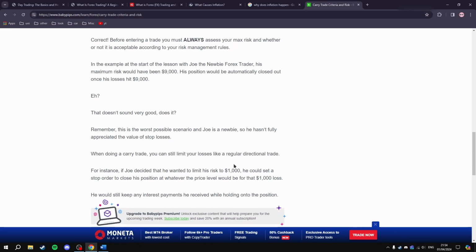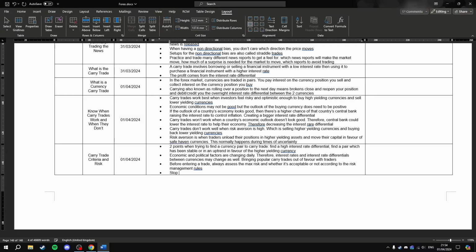When doing a carry trade, you can still limit your losses like a regular directional trade. For instance, if Joe decided that he wants to limit his risk to $1,000, he could set a stop order to close the position at whatever the price level would be for that $1,000 loss. He will still keep any interest payments he received while holding onto the position. Stop loss can still be used in a carry trade.